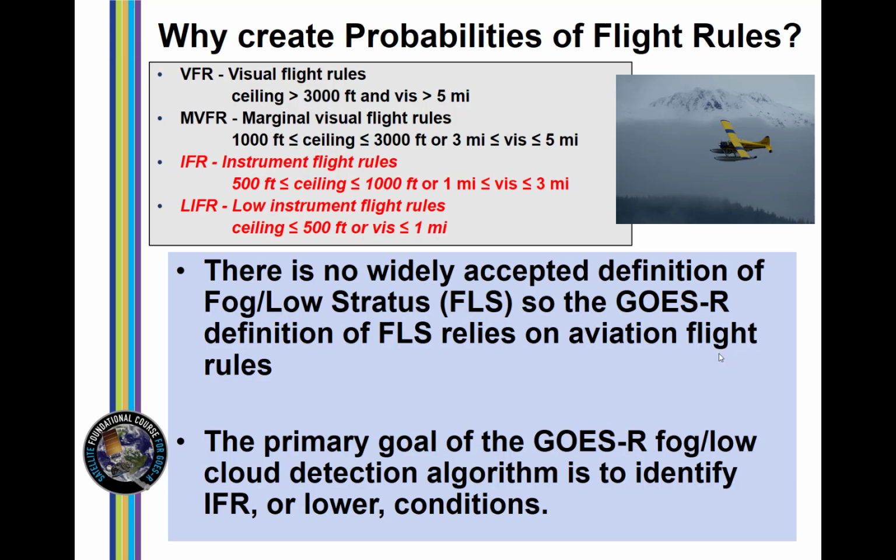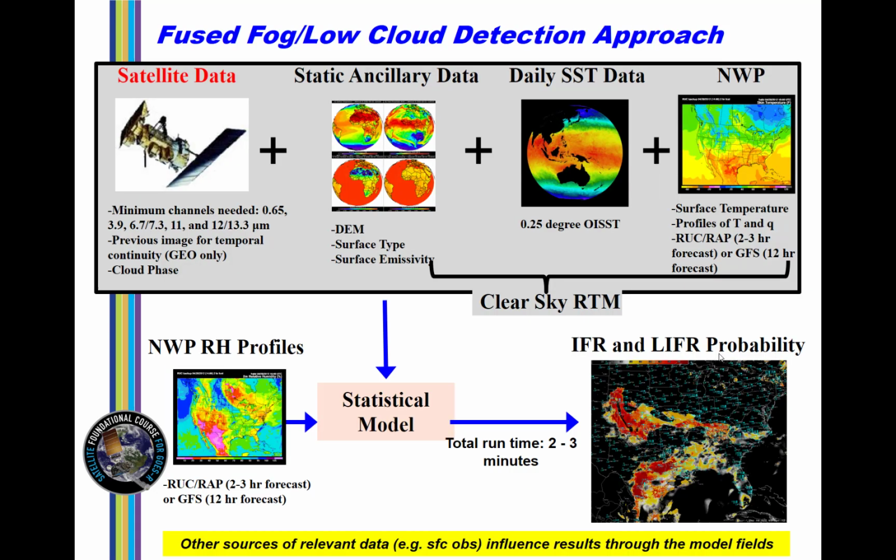If you wanted to create an algorithm to detect fog, instead of the nebulous term fog that can mean all sorts of things, you might rely on IFR conditions. That's what's been done for GOES-R. IFR probability combines satellite detection of low clouds and stratus with rapid refresh model information, answering the question, is there low-level saturation? If both of these things are true, IFR probability is large.